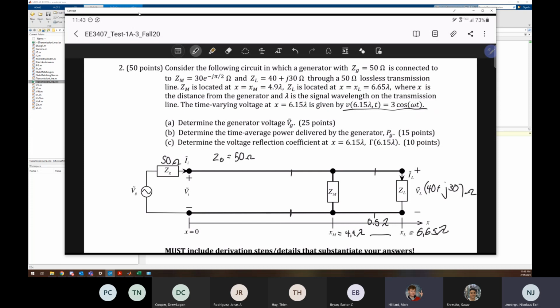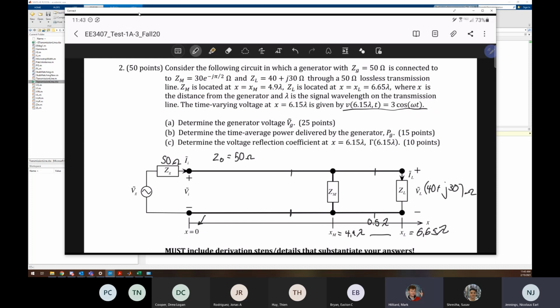Yeah. So I guess for the 6.15, this was in the original diagram. So this was assuming that the generator was at 0 and the load was at 6.65. But when we flipped our convention, we went back to the negative convention, so the load was at 0.